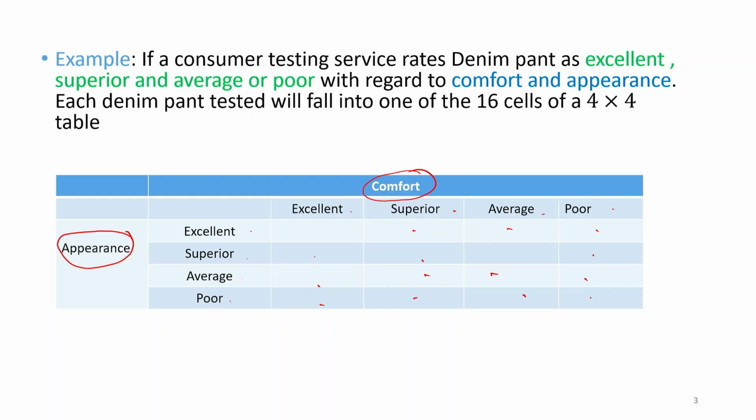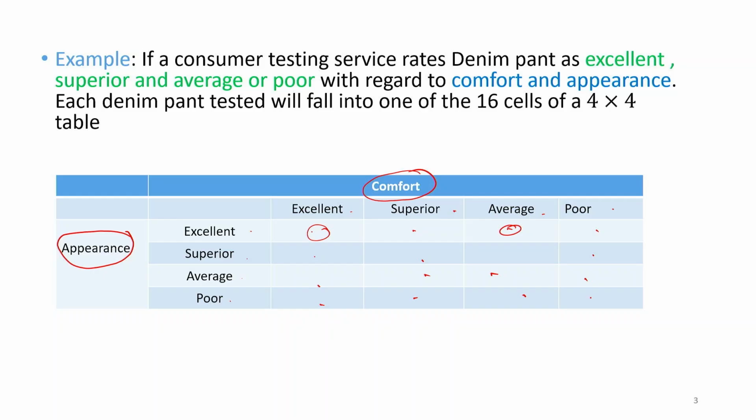So there is a possibility that some denim pant will be excellent in terms of comfort as well as appearance. So that will come somewhere here. Something could be comfort-wise average and appearance-wise excellent. So that will come here. Like that, if you look at all the possibilities, there are basically 16 different possibilities.